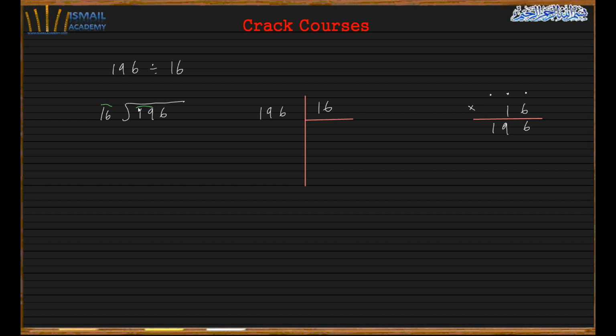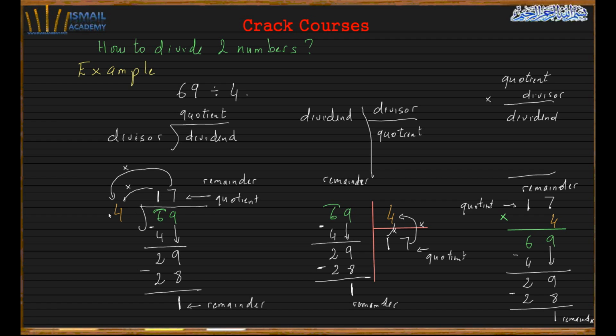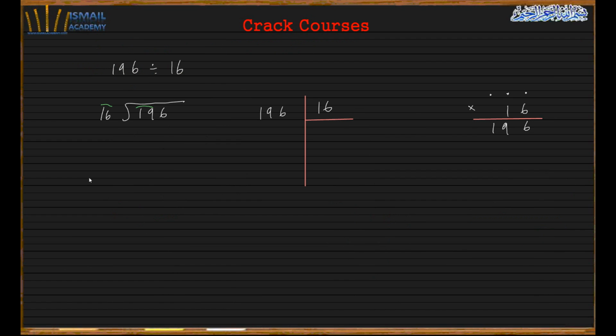If I have 3 digits here, I will pick 3 digits from the dividend. The number of digits in the divisor tells you how many digits to pick from the dividend. The same thing we did here: we have 1 digit, I pick 1 digit from the dividend. So this is what we do first.